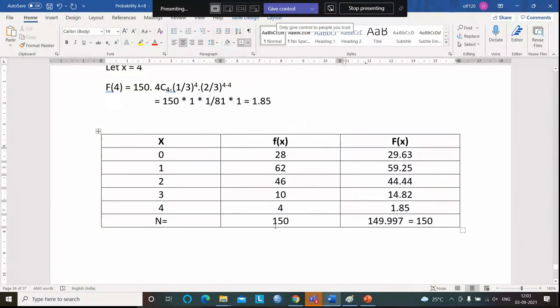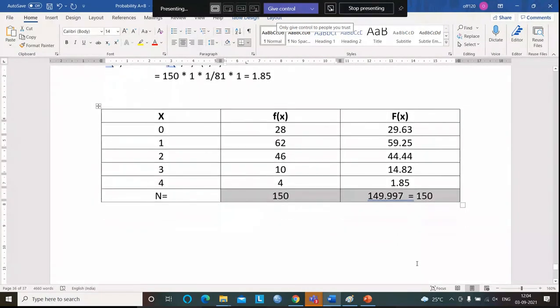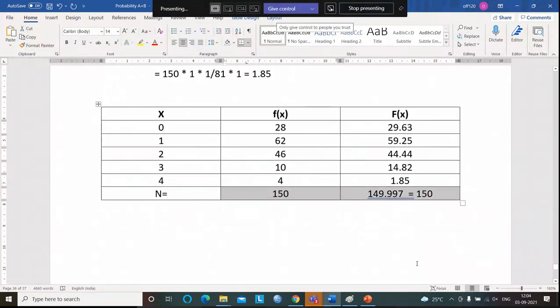So the observed frequencies total and the expected frequencies total are the same. If the totals are the same, then the binomial distribution has been fitted. If not, this problem is not a best fit for binomial distribution. So that is how we find out the answer.